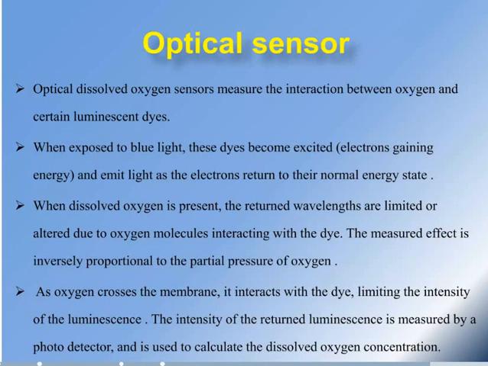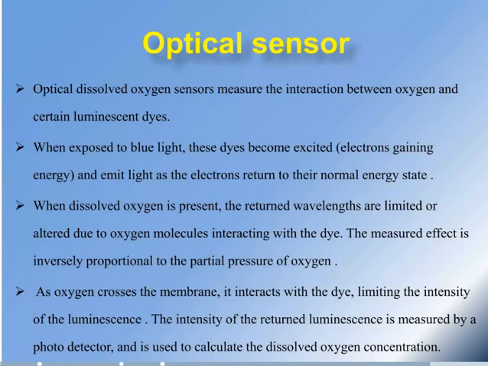So, the optical sensor. Optical dissolved oxygen sensors measure the interaction between oxygen and certain luminescent dyes. When exposed to blue light, these dyes become excited, electrons gaining energy, and emit light as the electrons return to their normal energy state. When dissolved oxygen is present, the returning wavelength is altered due to oxygen molecules interacting with the dye.